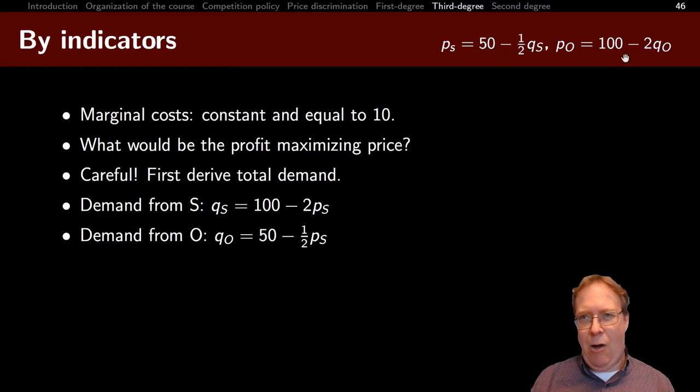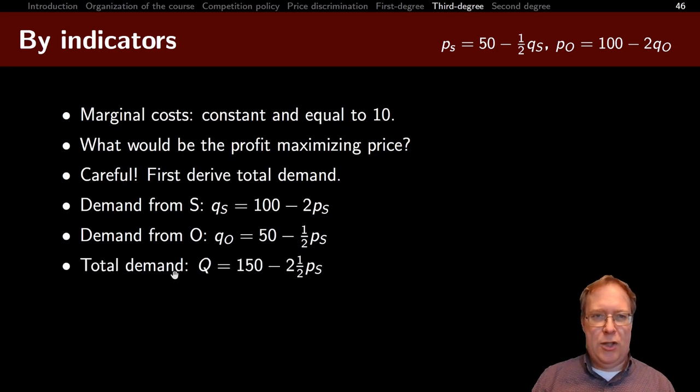But I now have demand functions that look like this. These are actual inverse demand functions, so it doesn't make sense to add prices. Before I can derive total demand, I first have to rewrite my demand functions per group in terms of quantities. So that's what I do here.